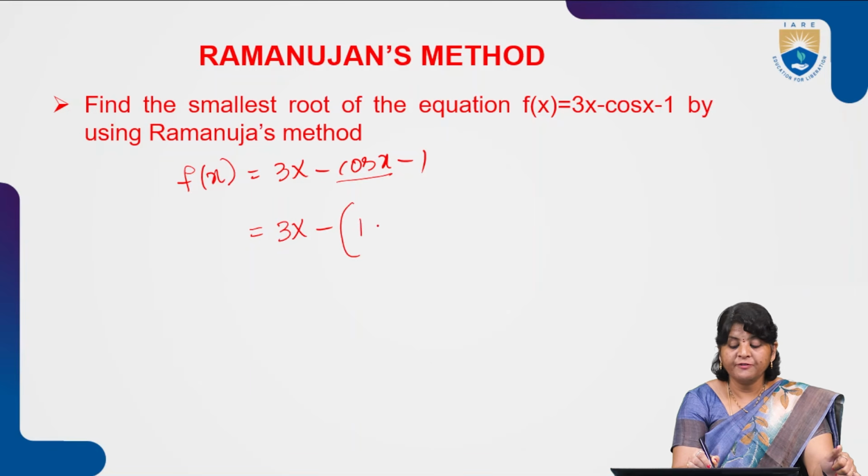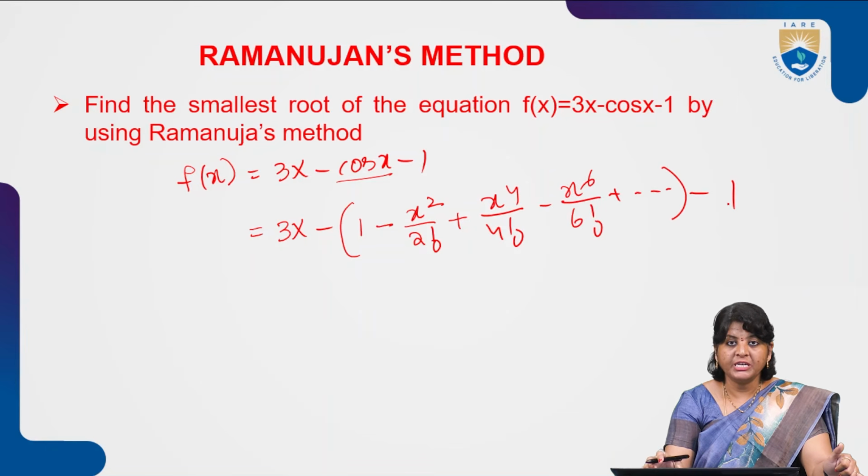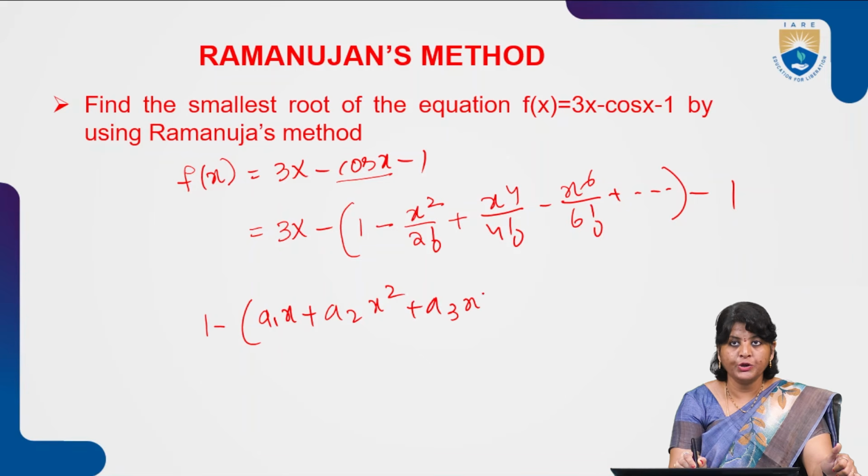Since it is an even function, we will take 1 minus x square by 2 factorial plus x power 4 by 4 factorial minus x power 6 by 6 factorial and so on. This equation needs to be converted into 1 minus a1x plus a2x square plus a3x cube and so on.